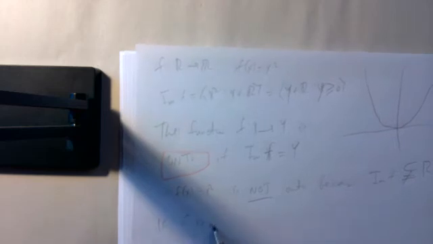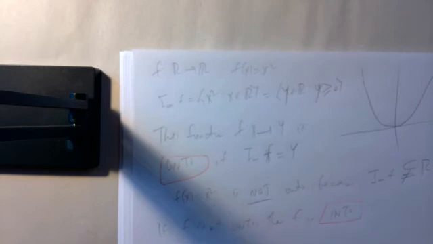If f is not onto, then f is often called into. So the squaring function is into but not onto.